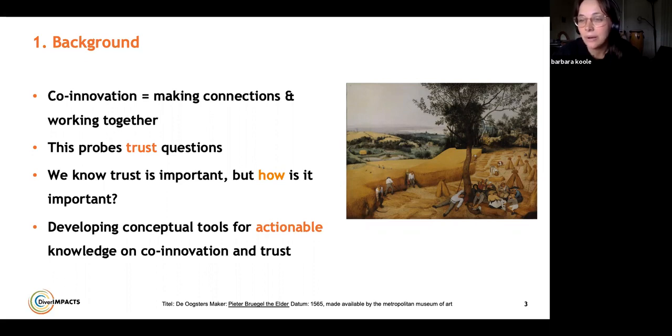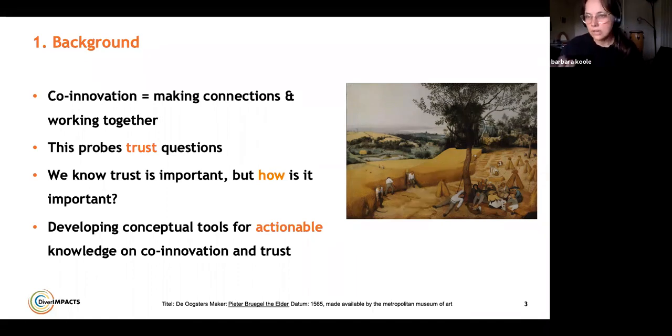From my discussions with practitioners who have experience with co-innovation, it's also often clear that they recognize that trust is important in co-innovation. However, relatively little work has been done on how trust is actually playing a role in these kinds of contexts, and following from understanding better the role of trust, how you can foster trust in these kinds of projects.